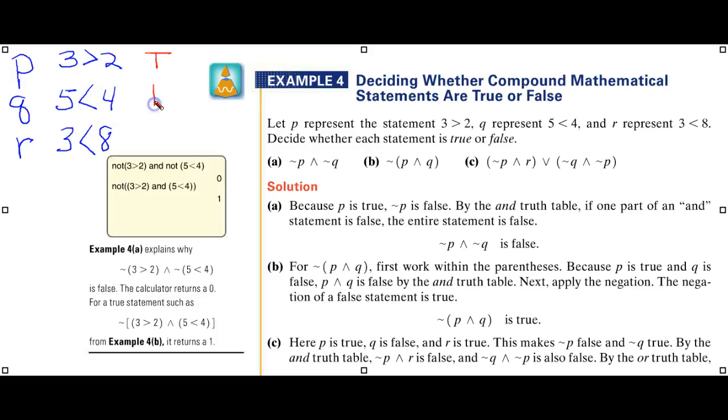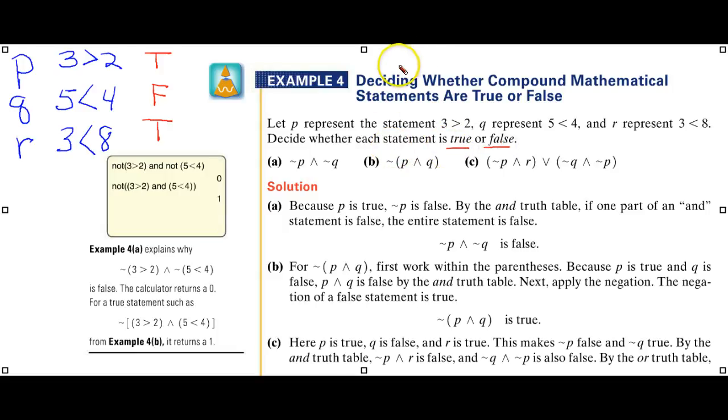That's false. And R represents 3 is less than 8. That's true. So if we keep this in our minds, it'll help us as we go to find these statements, whether they're going to be true or false.